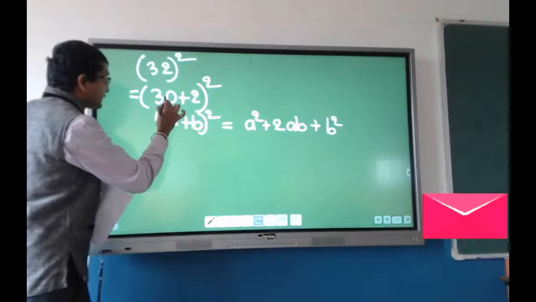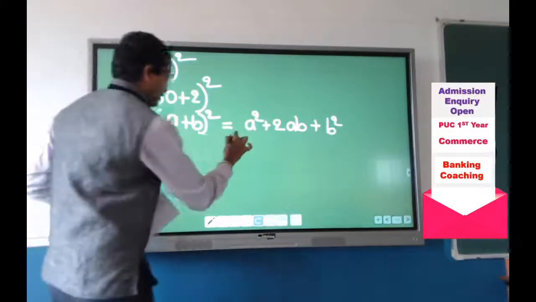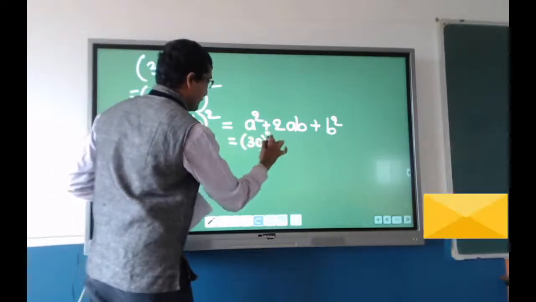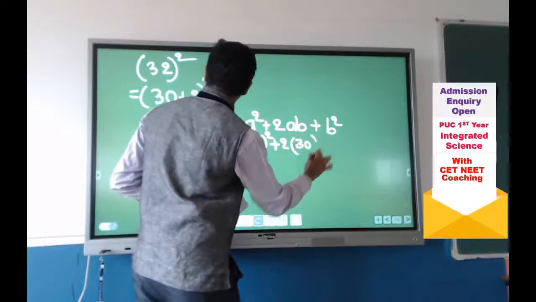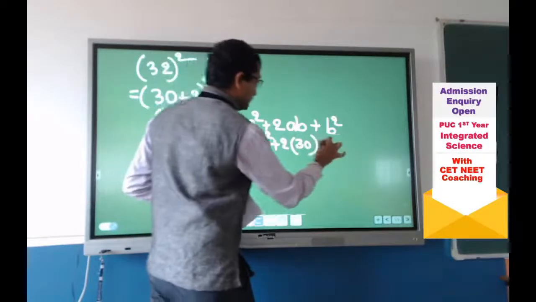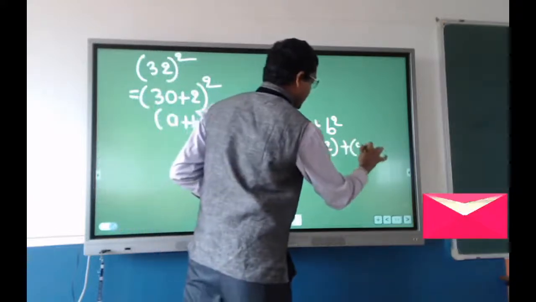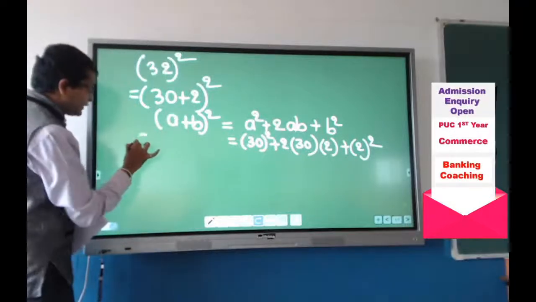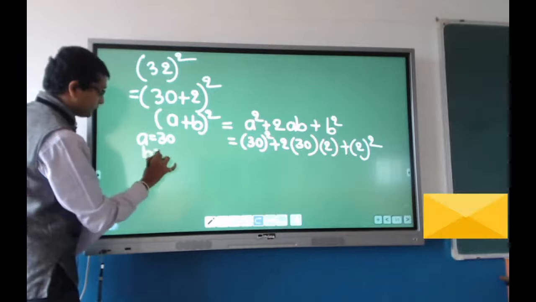Now I take A as 30, B as 2. So we get 30 square plus 2 times 30 into 2 plus 2 square. I have taken the value of A equal to 30 and B equal to 2.